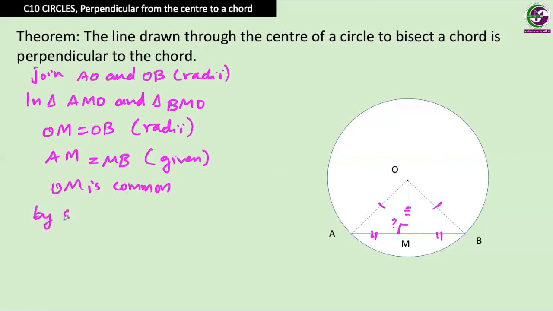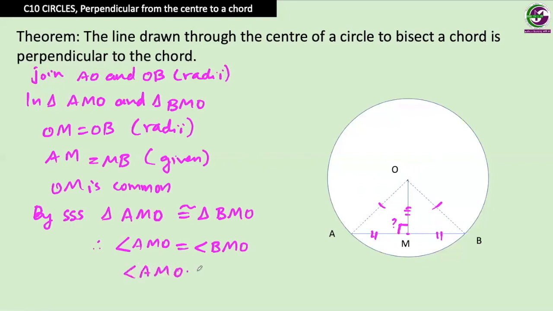So by SSS, triangle AMO is congruent to triangle BMO. We have to prove that the angle is 90 degrees, which means angle AMO is equal to angle BMO, at a point on a line. If the two angles are equal, each angle will be equal to 90 degrees by linear pair.